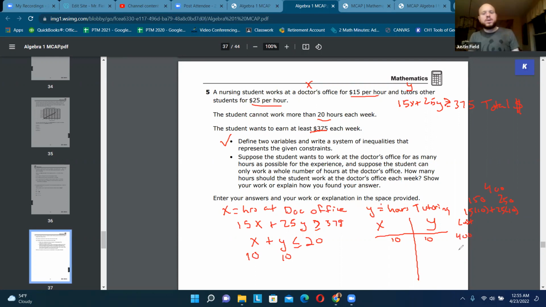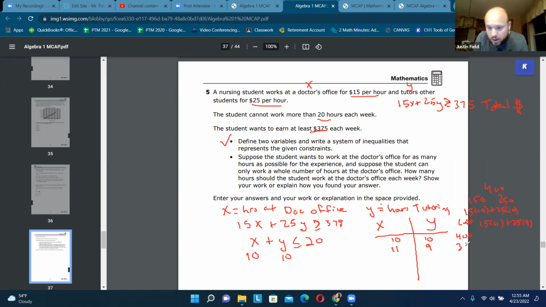So that works. All right, so we already know that they can work 10 hours at the doctor's office, but can they work 11? 11 would mean only 9 hours tutoring. So then we substitute 15 times 11 plus 25 times 9. I'm just going to use my calculator. 15 times 11 plus 25 times 9 is 390.